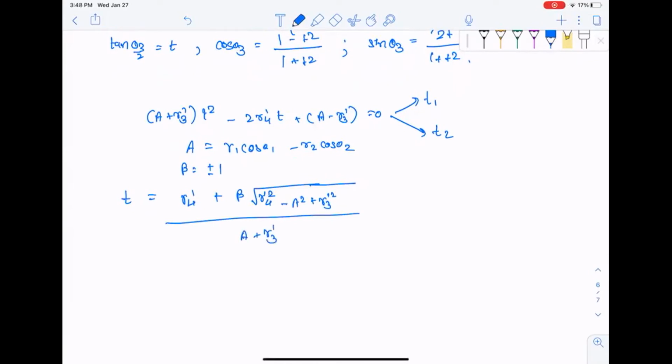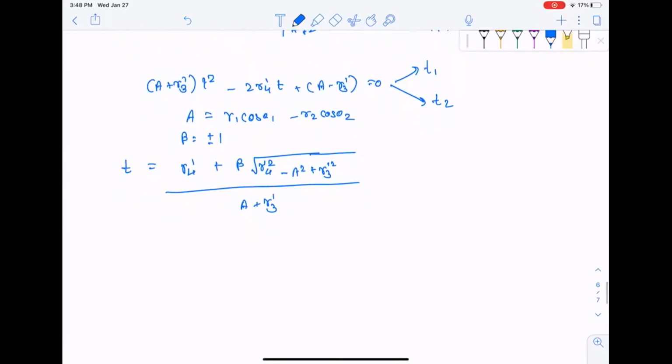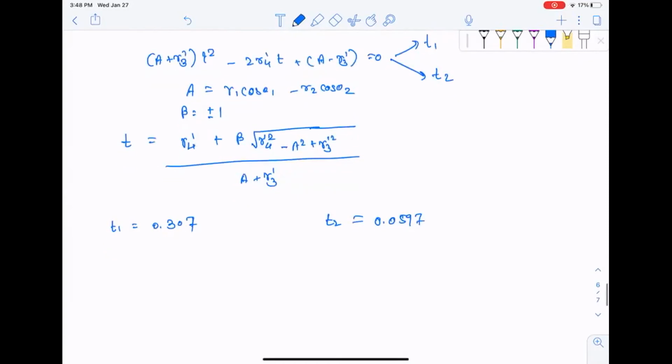I'm not going to dwell upon how I got this equation, but if you do a few more steps you will get the same answer. Now I'm going to write down the values of t1 and t2 after substituting all the values. T1 is 307 and T2 is 0.0597. Based on that, I'll get tan theta 3.